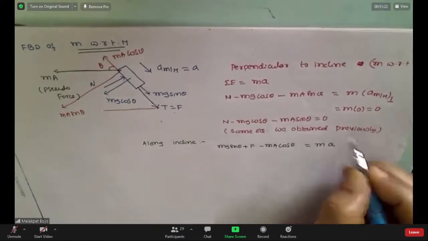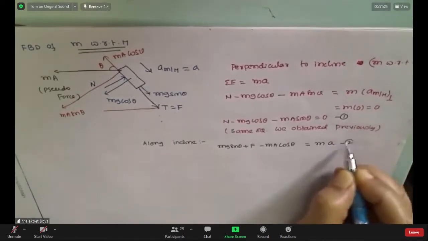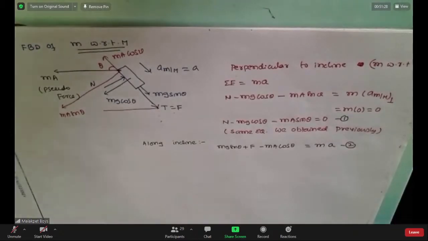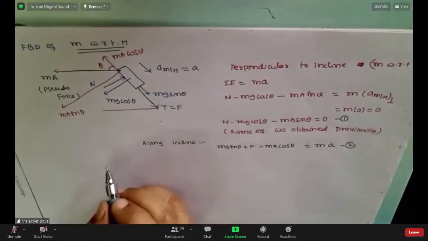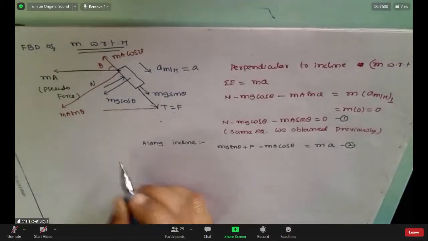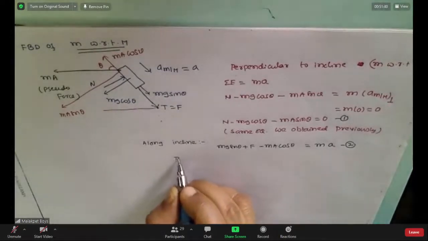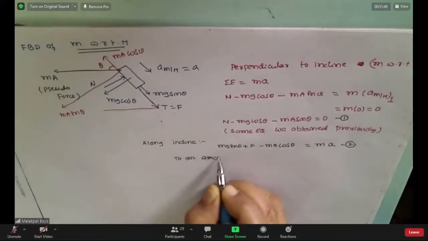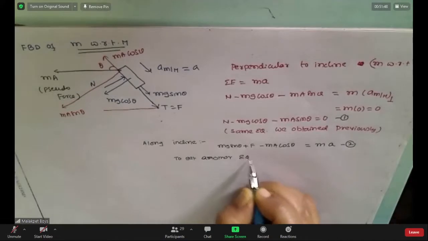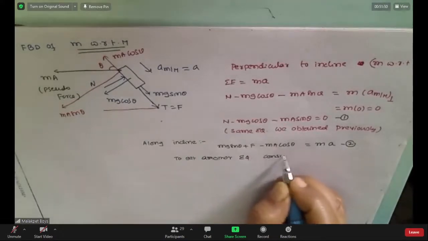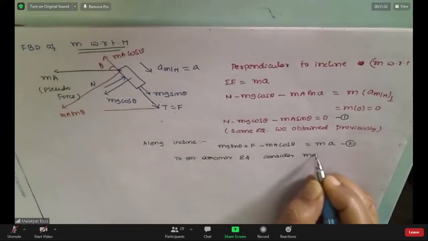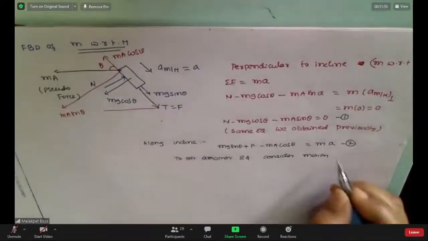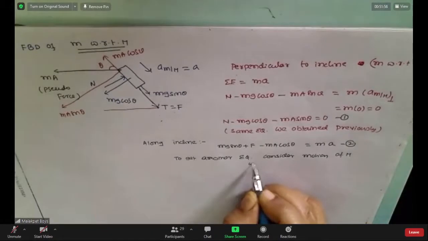Understood this? Followed this? And suppose you need normal reaction, again you have to consider, because already the two options are over, no?